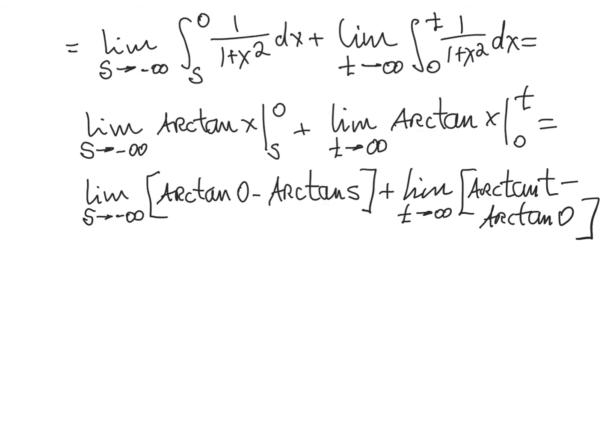We recall arctan of 0 is 0, so this leaves us with minus the limit as s approaches negative infinity of arctan of s, plus the limit as t approaches positive infinity of arctan of t.